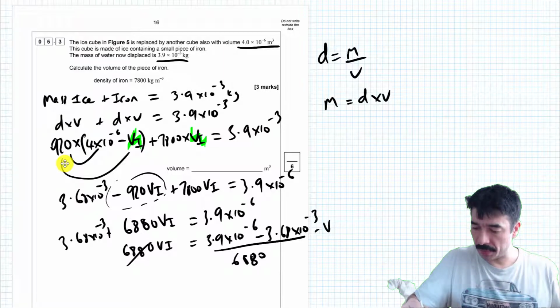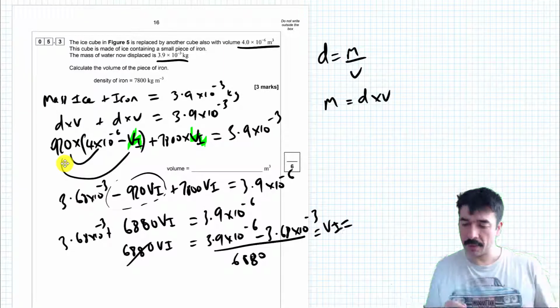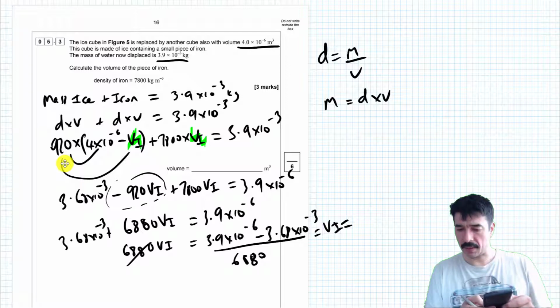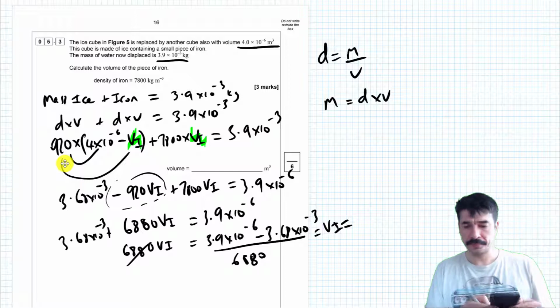So VI will be equal to, and that was what I'm looking for, the volume of the iron. Let's just work this out. 3.9 to the power of minus 6 minus 3.68 to the power of minus 3. So hardly any difference. Divided by 6880. Okay.